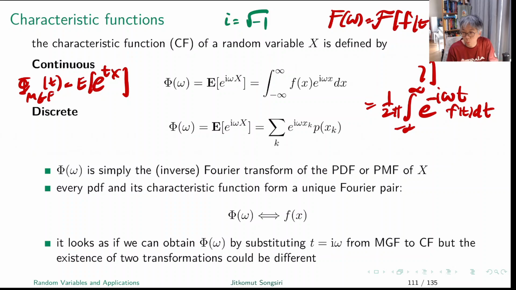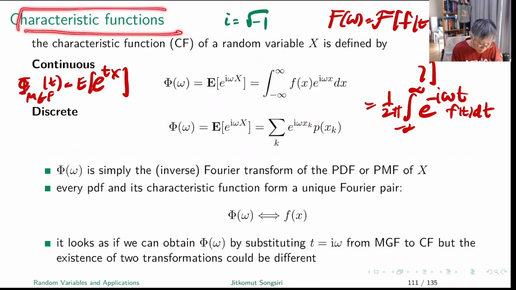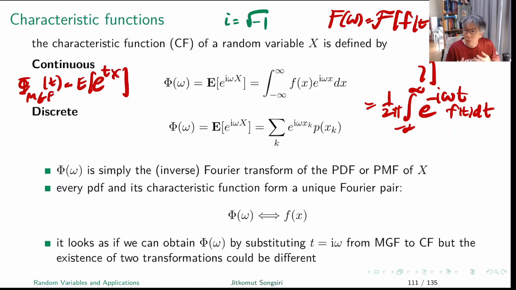In that way, you can conclude the distribution. The reason it's called the characteristic function is that the expression phi of omega uniquely characterizes that random variable, because the PDF, characteristic function and distribution are a unique tuple.